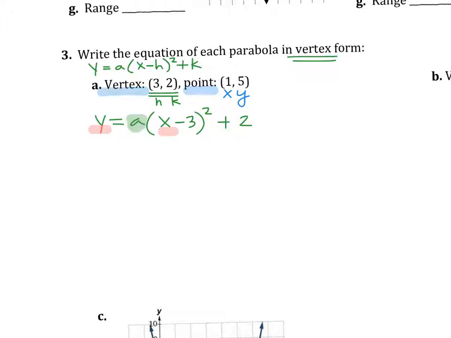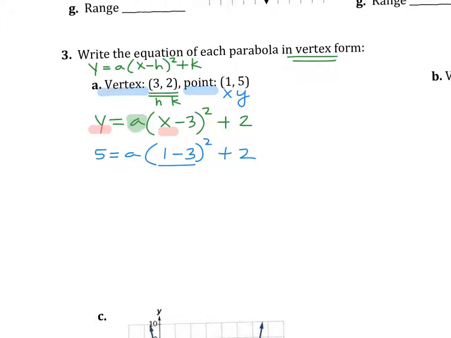So we're gonna do, what's y? 5 equals a times x is 1 minus 3 squared plus 2. All you have to figure out here is an a. So now we just simplify. So 1 minus 3 is negative 2.